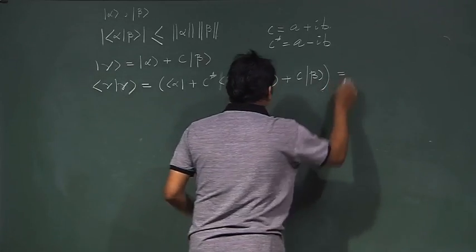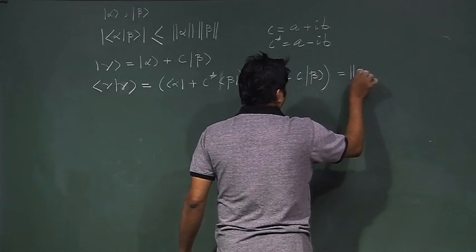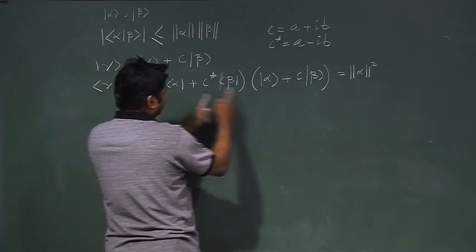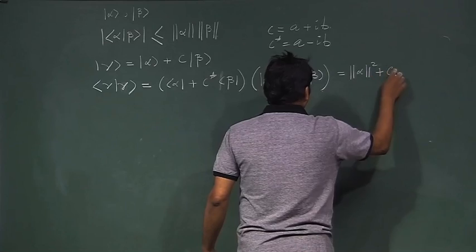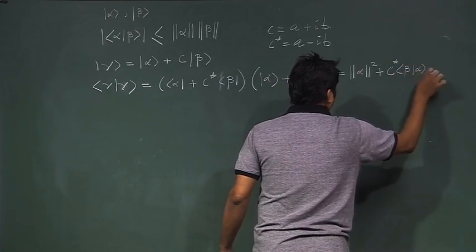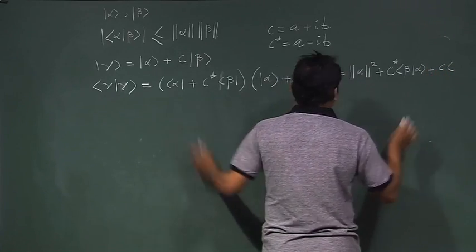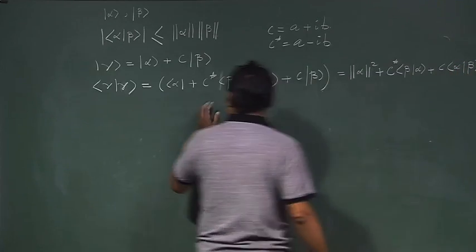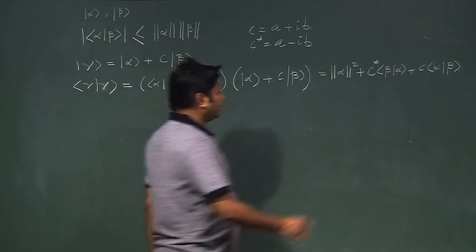If I expand, it is norm of alpha square, because I multiply this by this, then this by this, plus c star b alpha plus c alpha beta, and finally this into this, there will be 4 terms.